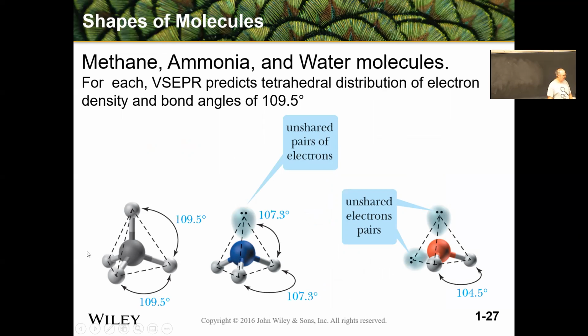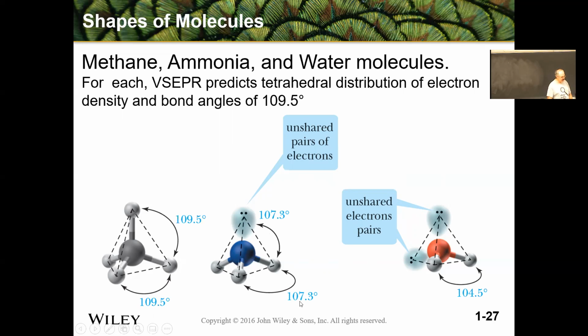While methane has 4 equivalent bonds and bond angles of 109.5, all the bond angles are the same. For ammonia, it turns out that this non-bonding pair takes up a lot of space, and so that compresses the HNH bond angle here.